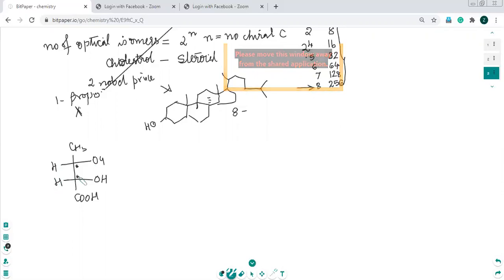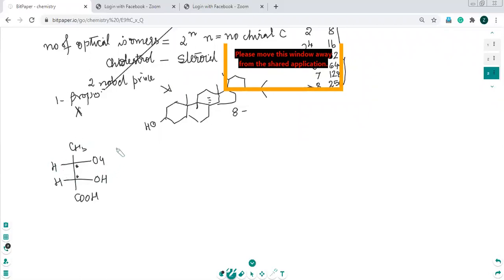Similarly, for this carbon, one is OH, the other is H, and the third one COOH, and the 4th is this whole group. I hope you can see what I am showing.